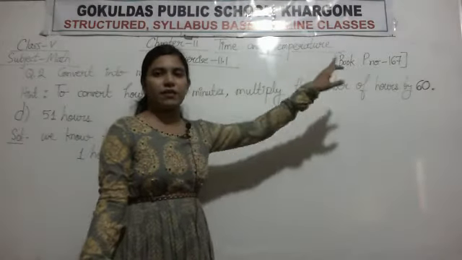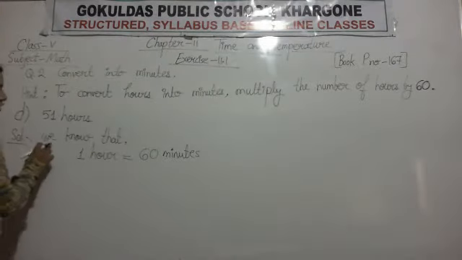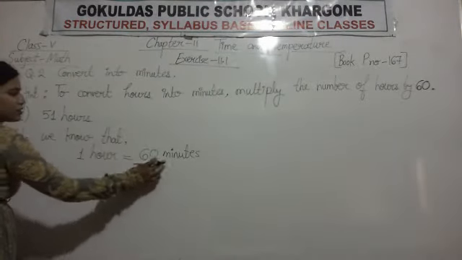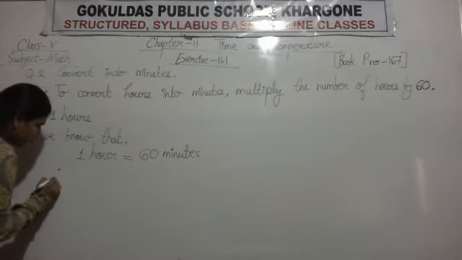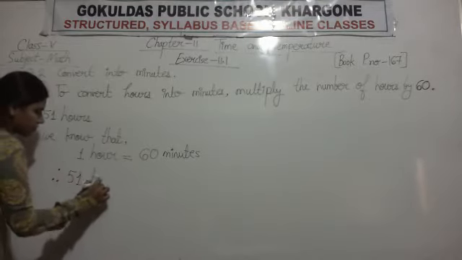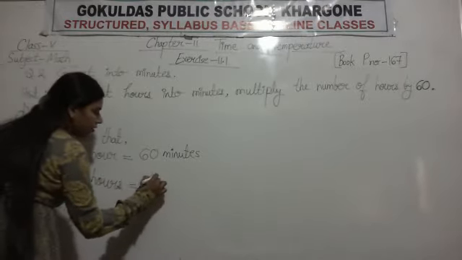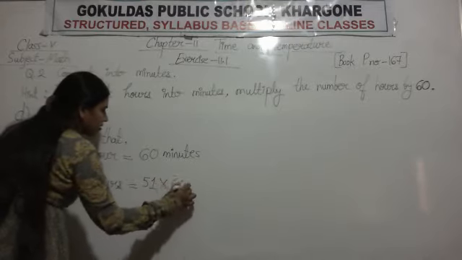We multiply the number by 60 minutes. So we know that 1 hour is equals to 60 minutes. Therefore, 51 hours is equals to 51 multiplied by 60 minutes.